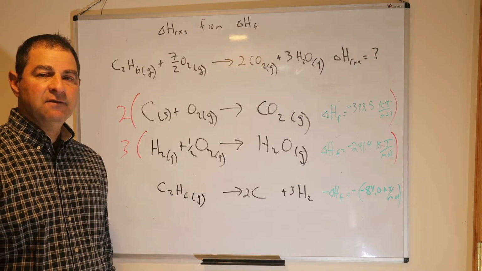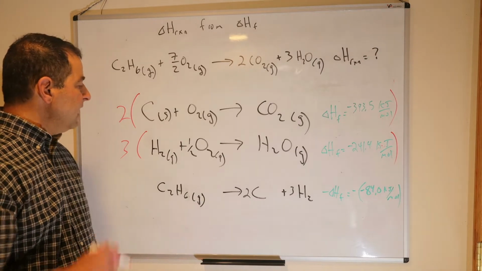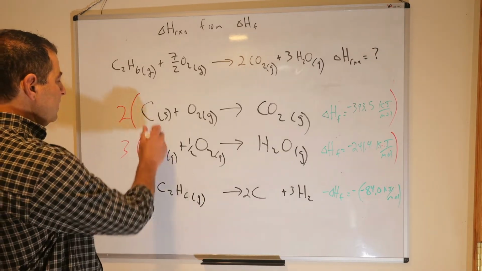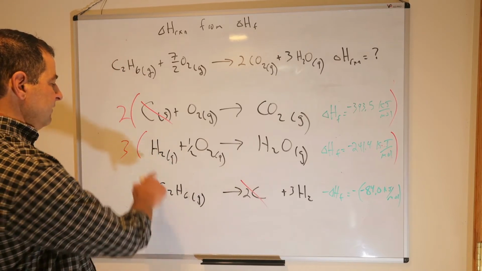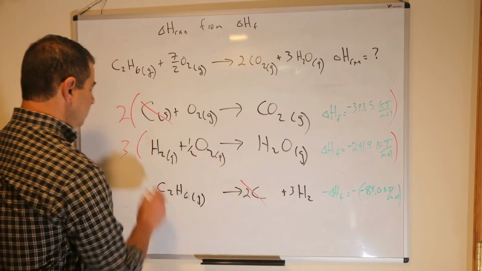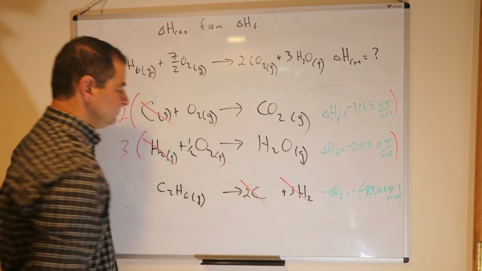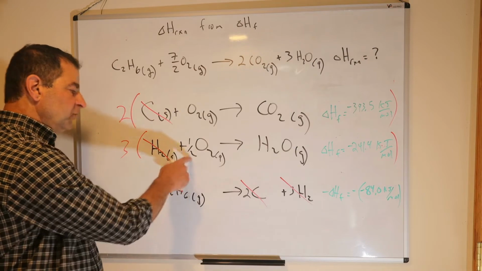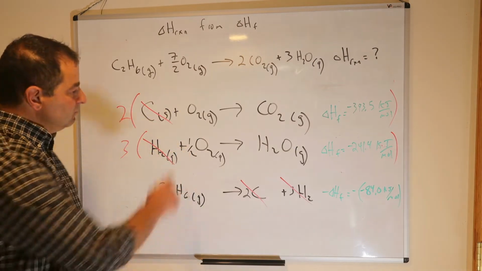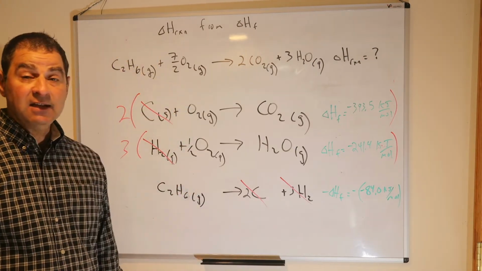I can now look and see if any of my compounds cancel out. I can see here I have 2 carbons, which will cancel out. I have 3 hydrogens, which will cancel out. I'm left now with 2 oxygens and 3 half oxygens, which totals up to be 7 halves oxygen.